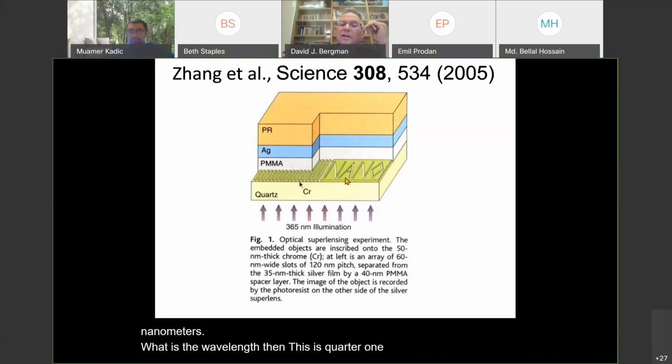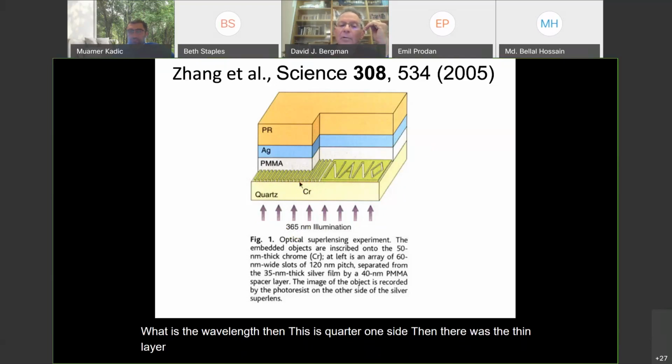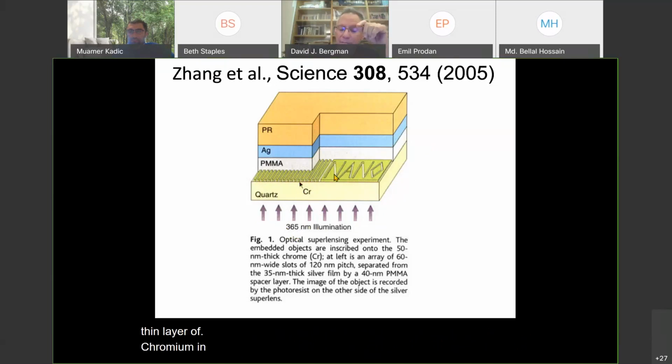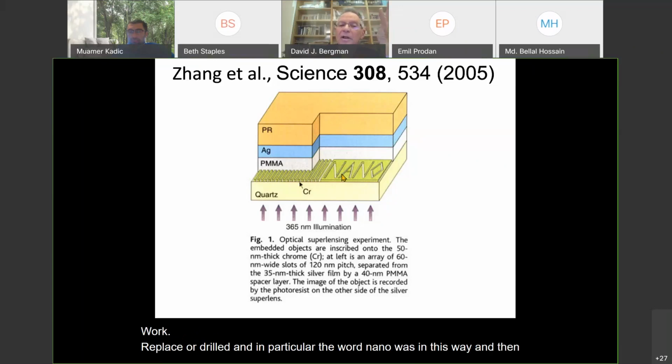Then there was a thin layer of chromium in which grooves were placed, were drilled. In particular, the word nano was in this way. Then, so this is the source.